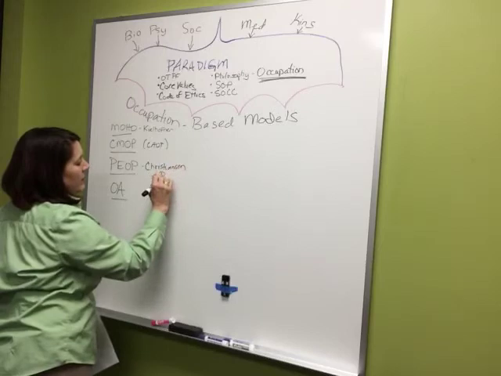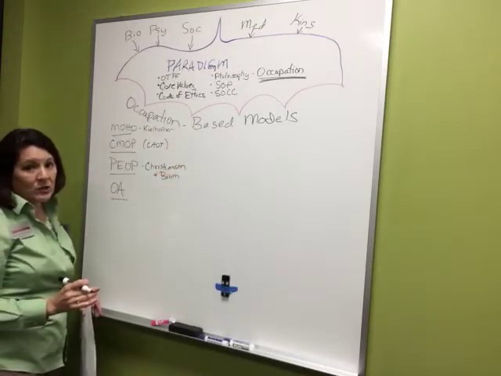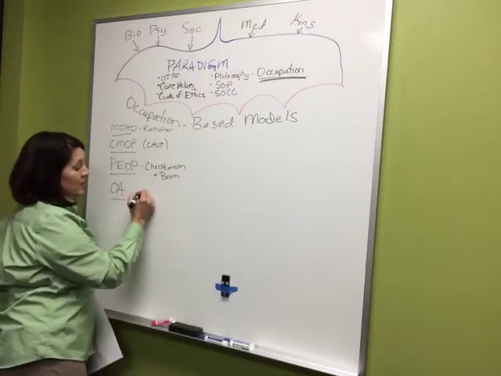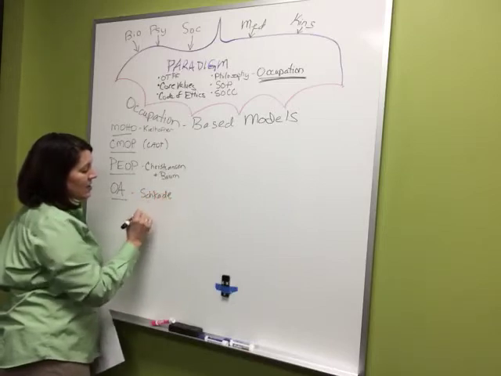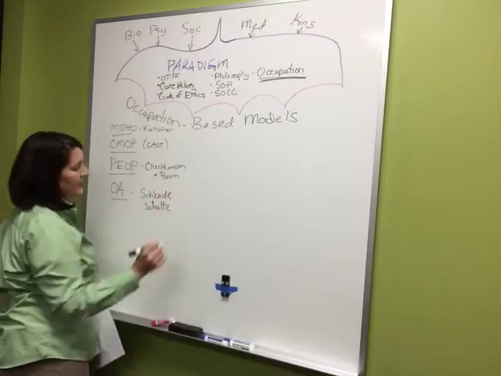OA stands for Occupational Adaptation, and that would be Schkade and Schultz. Schkade is S-C-H-K-A-D-E, Schultz S-C-H-U-L-T-Z. Okay?